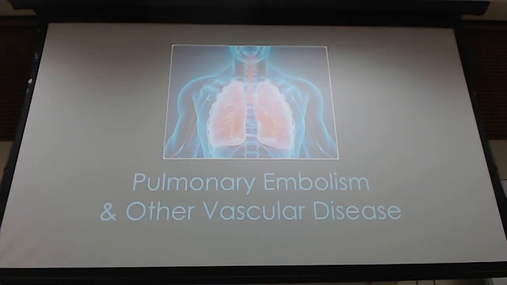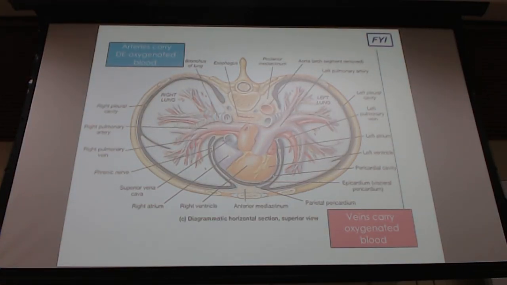So the PEs. You probably already learned about these somewhere. All right, so go back to, I think I stole this from A&P lecture, I forget. But here we're talking about pulmonary vasculature, where the pulmonary artery is carrying deoxygenated blood to the lungs.